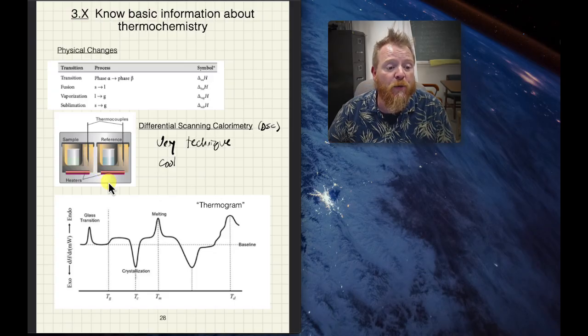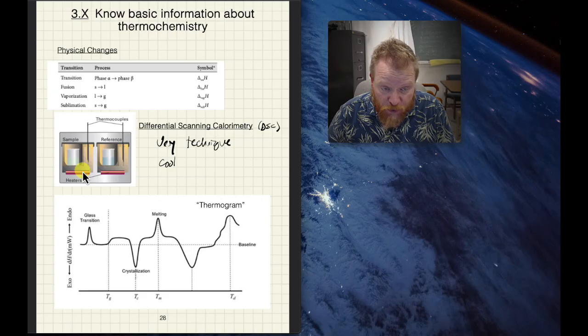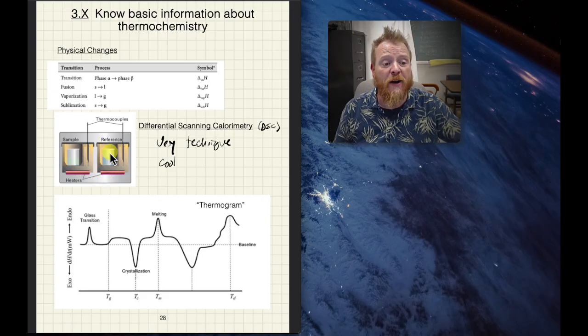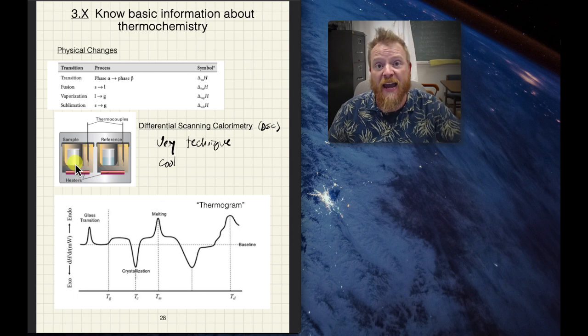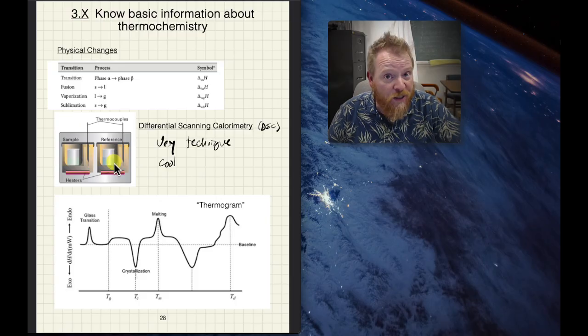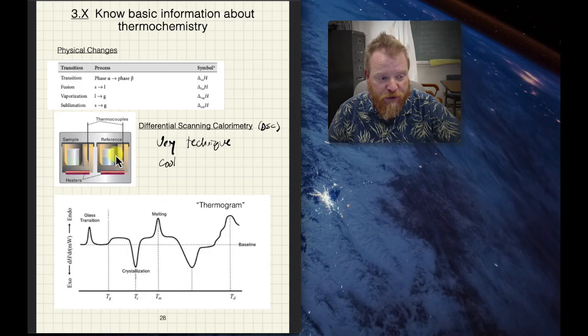A sophisticated computer program will apply energy to the heaters to raise the temperature of both the reference and sample at the same rate. The reference is typically a material that is not going to undergo a phase transition or chemical reaction at the same temperatures as the sample.